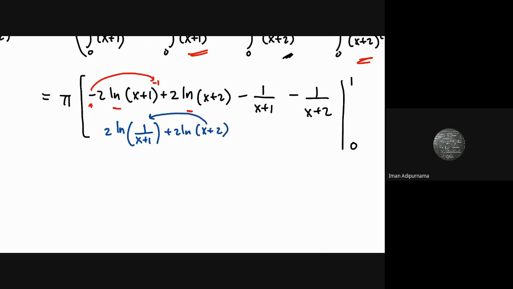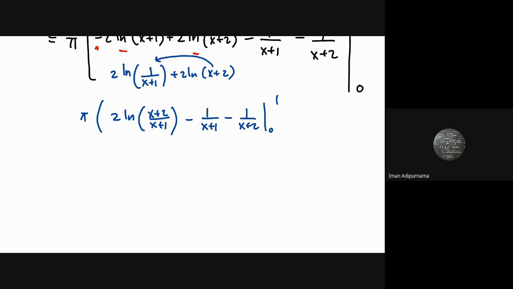And you can combine, and write 2 ln of x plus 2 over x plus 1 like that. Just a tip that when you have ln, you can simplify. And we put 0 and 1.